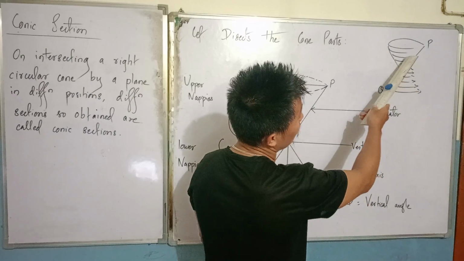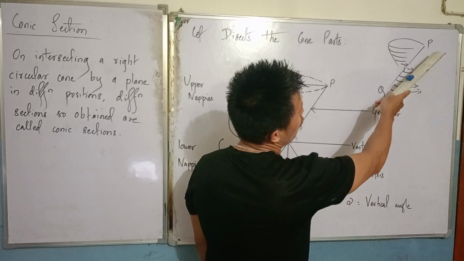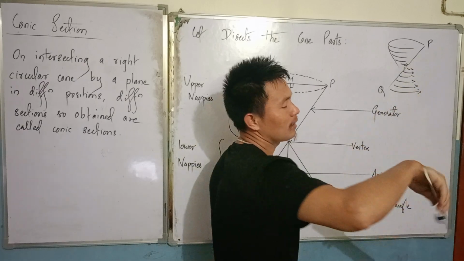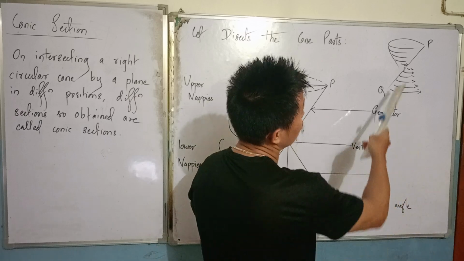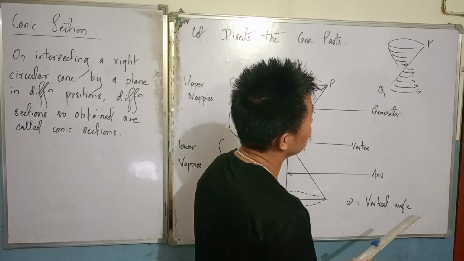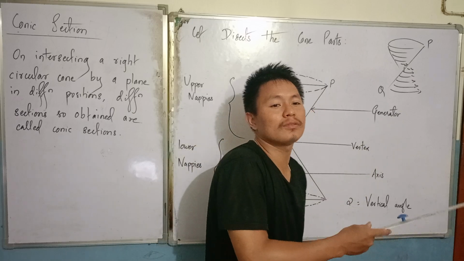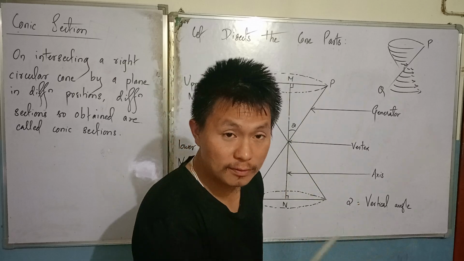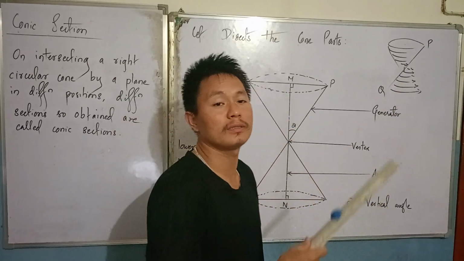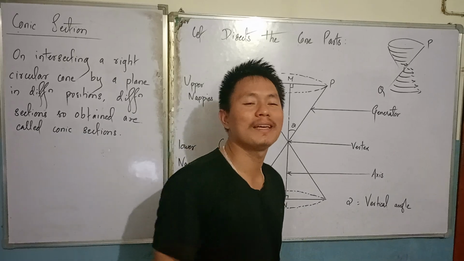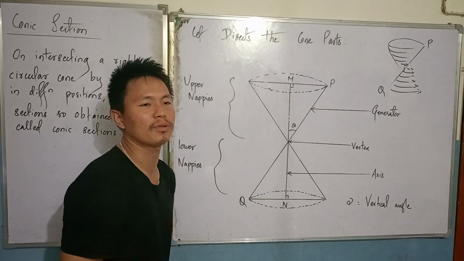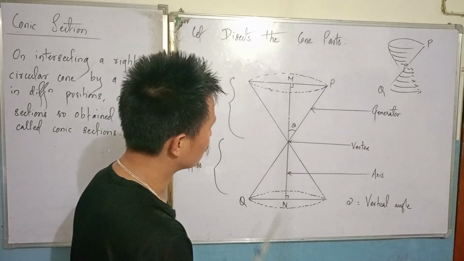So in this way two cones are formed. The reason PQ is called the generator of the cone is because of this PQ the cone has been generated. So here PQ becomes the generator. Nothing more than that, just to let you know.